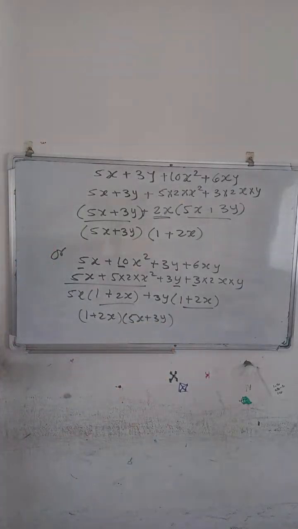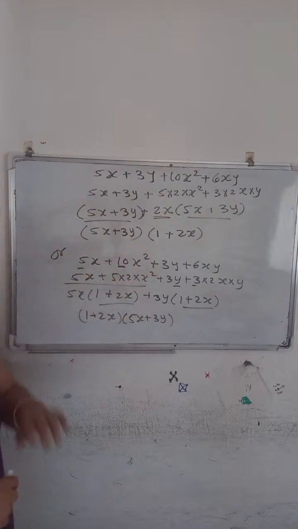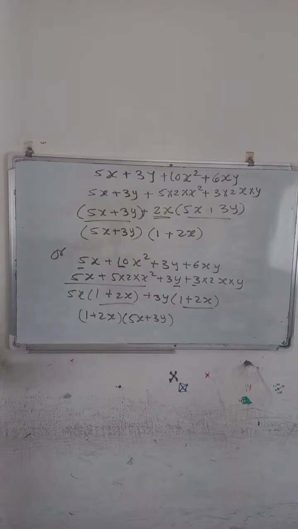So you can use any one of the methods. Here I directly did it and here I did regrouping and simplified. In both ways you will get the same answer. Okay, copy this. We can use the regrouping method, or simply factorize according to the given equation.